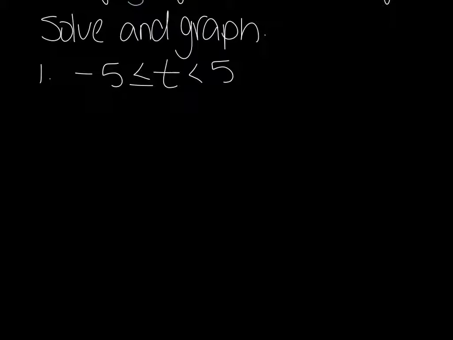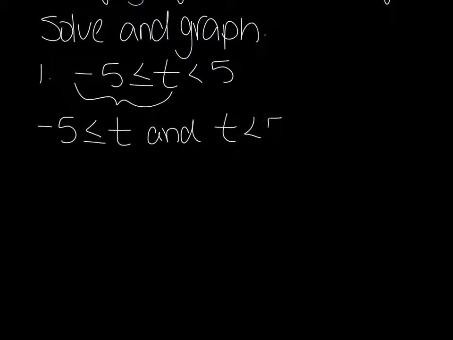Every single time. So what we're going to do first is break this up into the two separate inequalities, and we're going to combine them together with the word and. So we did this the other day. This means that -5 is less than or equal to t, and you guys told me it was a conjunction, so I'm going to say and t is less than 5.